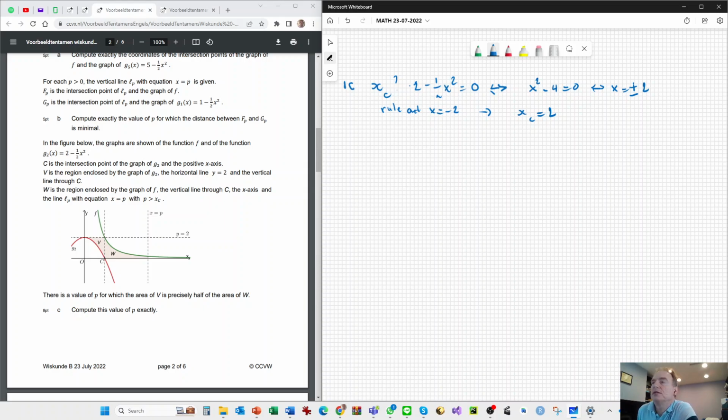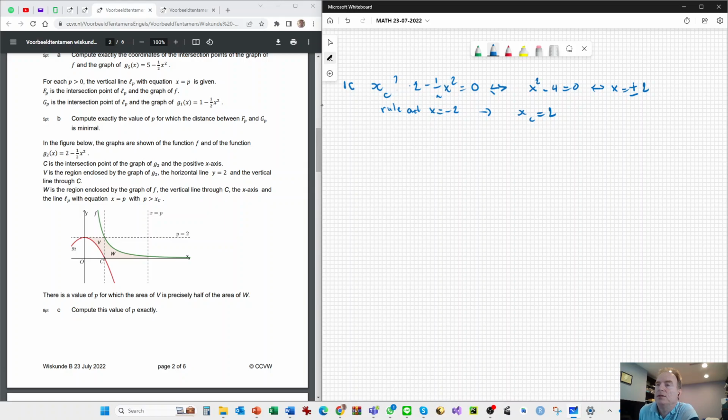Because it has to be the positive x-axis. Okay, so we might just double check that when x equal to 0 that it's indeed y equal to 2.